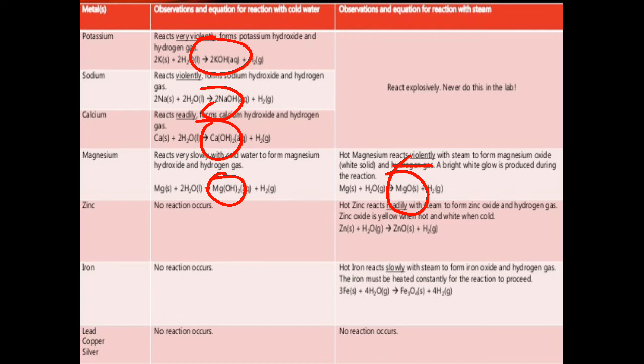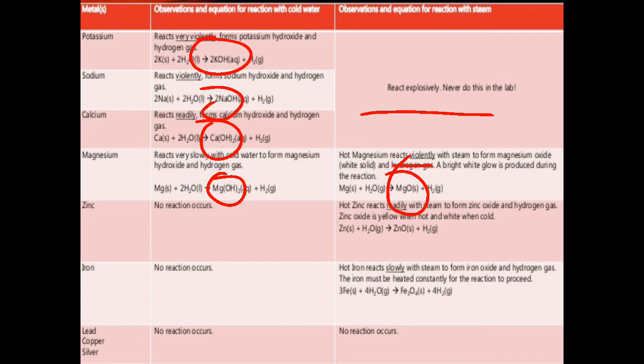Now we had not studied the reaction of reactive metals with steam, because as they are very reactive, the reaction is almost explosive. So we do not perform these reactions in the lab.